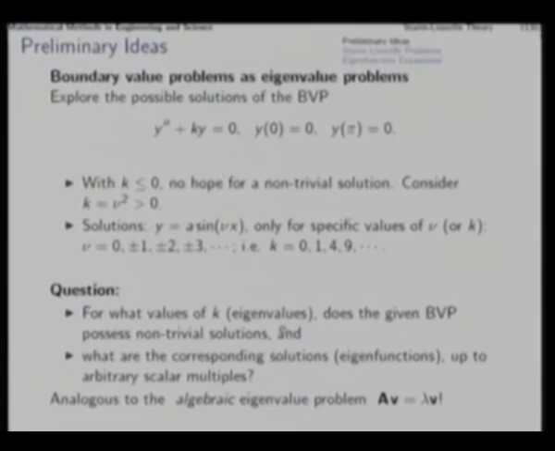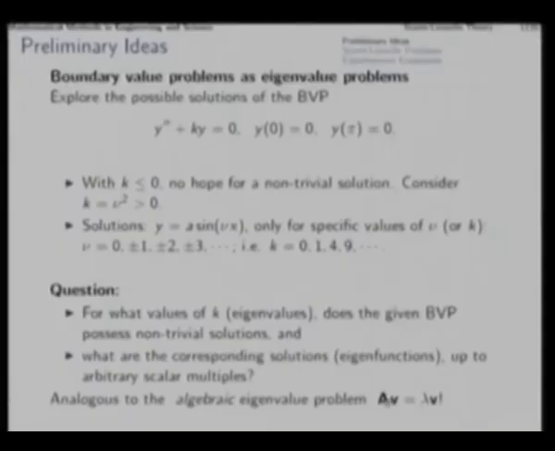Now, these two questions look very similar to the algebraic eigenvalue problem, which is A v equal to lambda v, for which we ask the question that for which values of lambda this system possesses non-trivial solutions, and what are the corresponding solutions v.